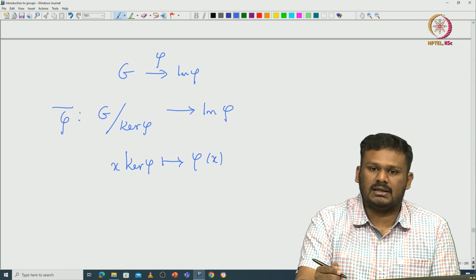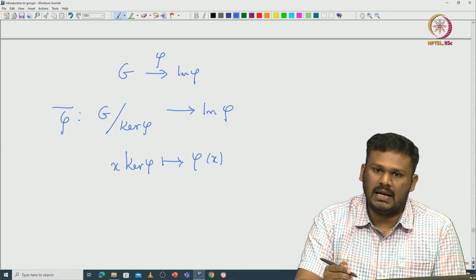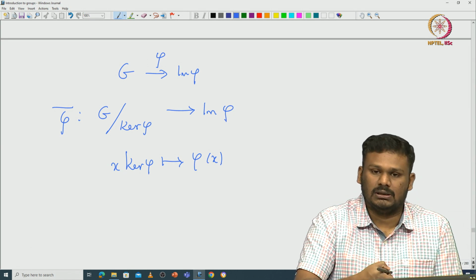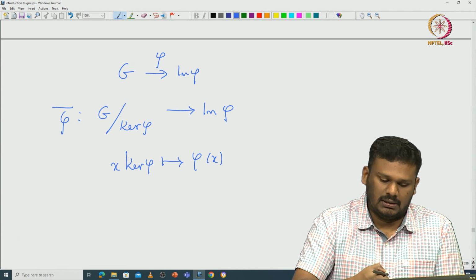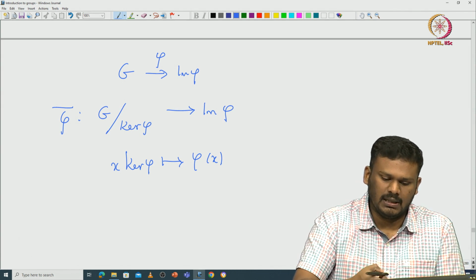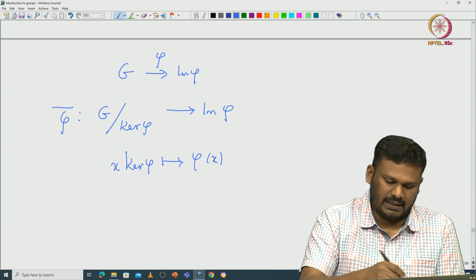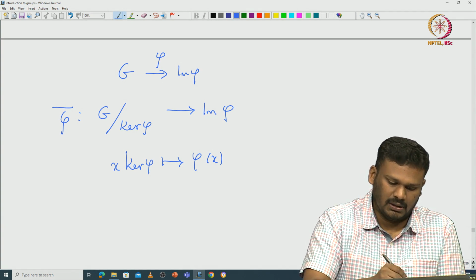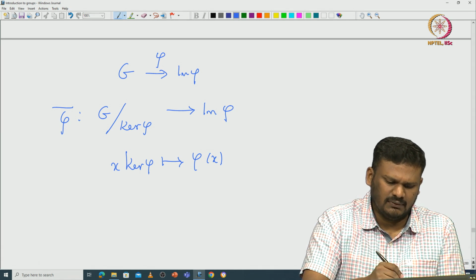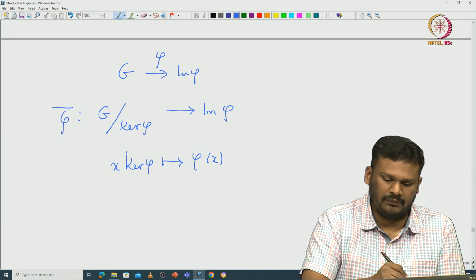We just verified this map is well defined, because if you take any other element from the coset, then the image will be the same. That is why this is a well defined map, and we will directly verify that it is surjective, injective, as well as a group homomorphism.